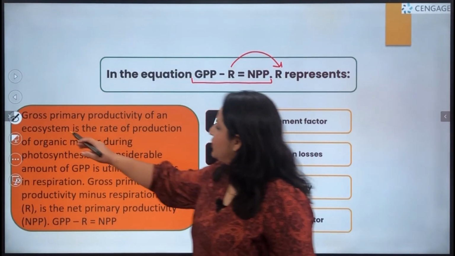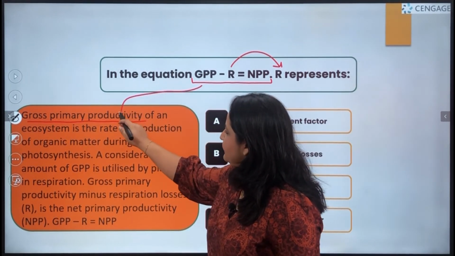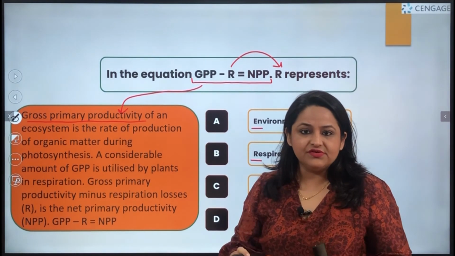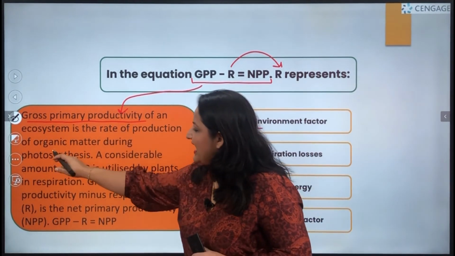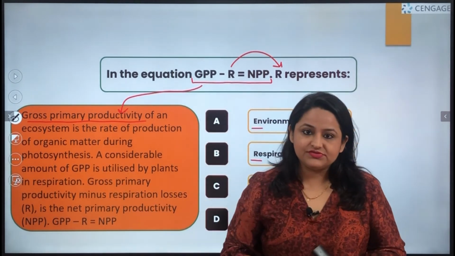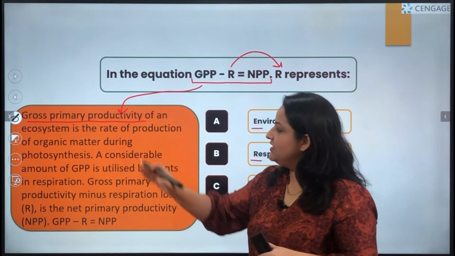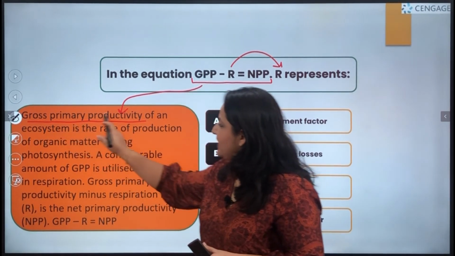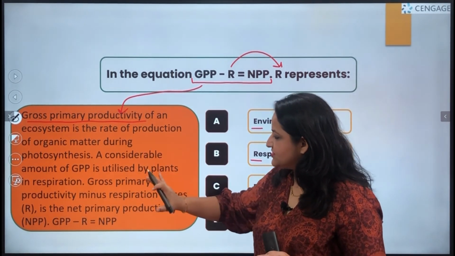We know that gross primary productivity, also known as GPP, of any particular ecosystem refers to the rate of production of organic matter during photosynthesis. So how much organic matter is produced during photosynthesis is referred to as the gross primary productivity of a particular ecosystem.